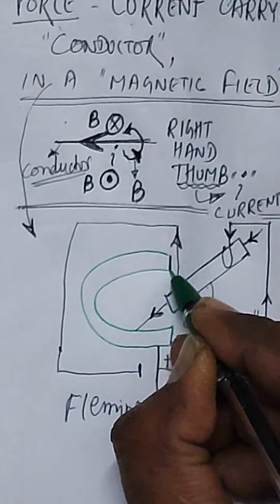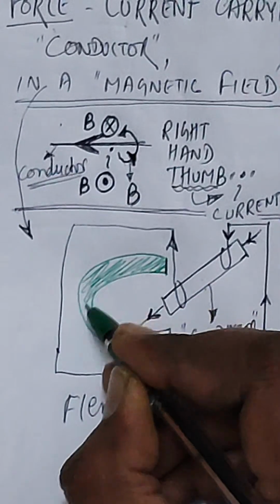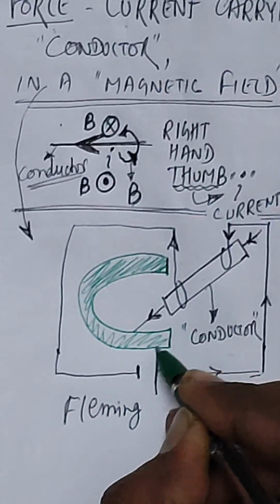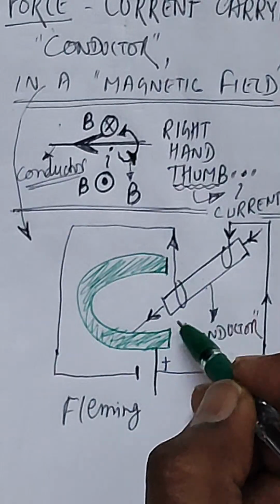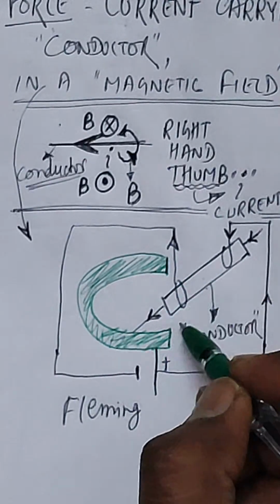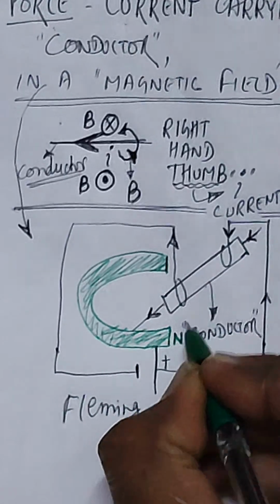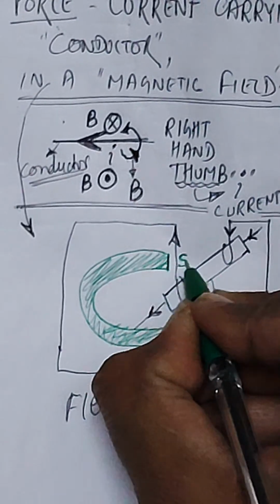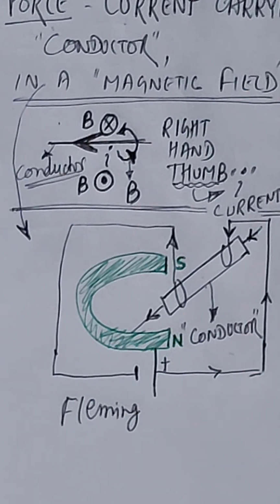A horseshoe magnet is placed over here in the plane of the paper, and you can see the terminals over here. This is north and this is south, right? So my dear friends, try to understand what is happening.